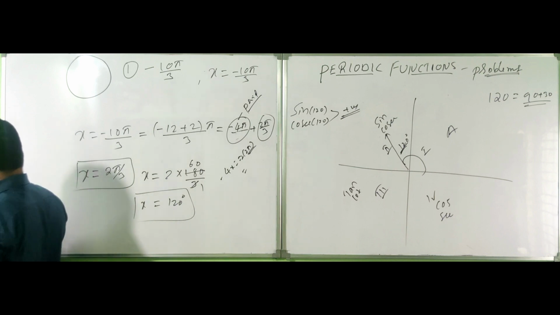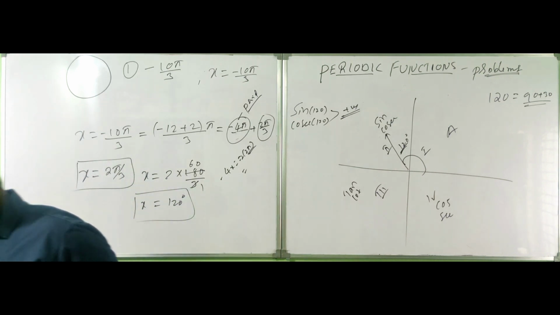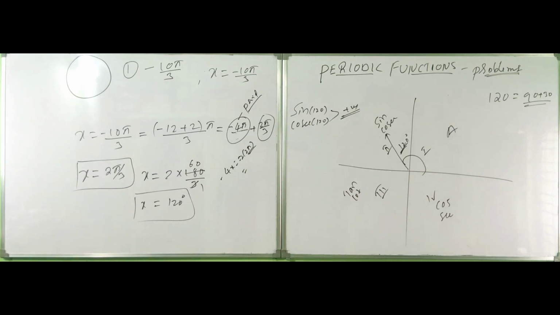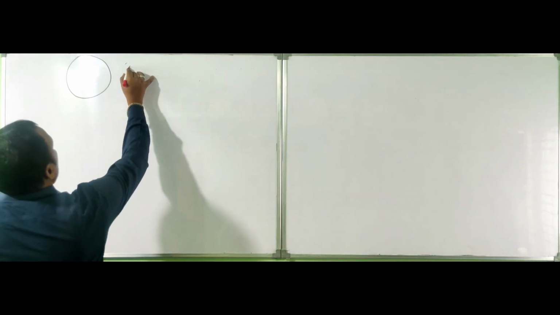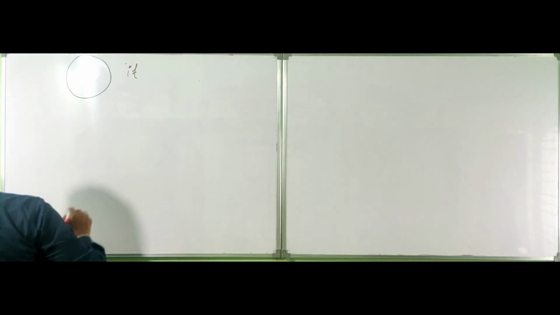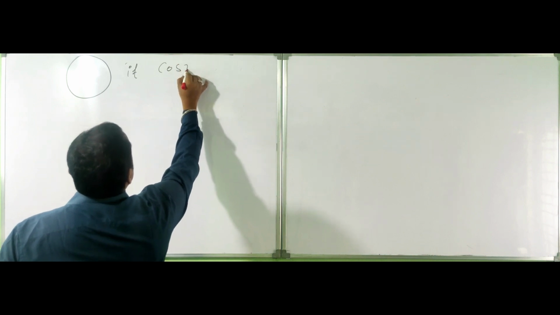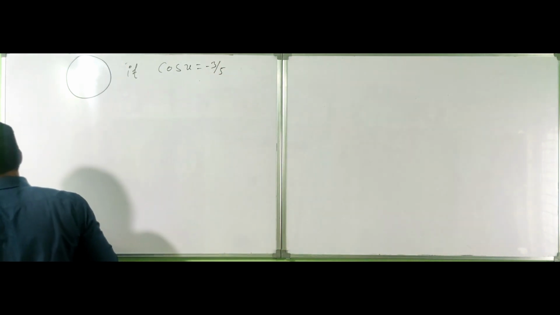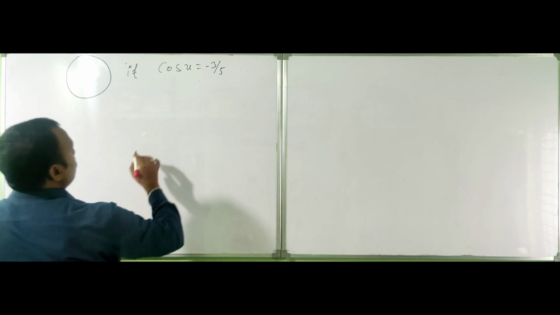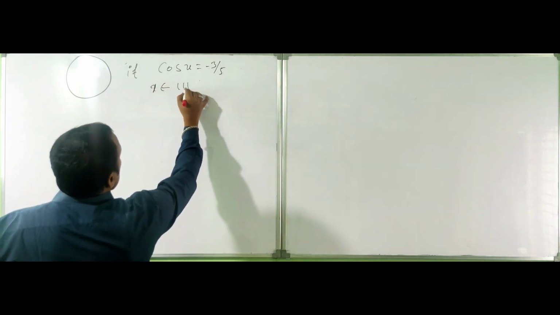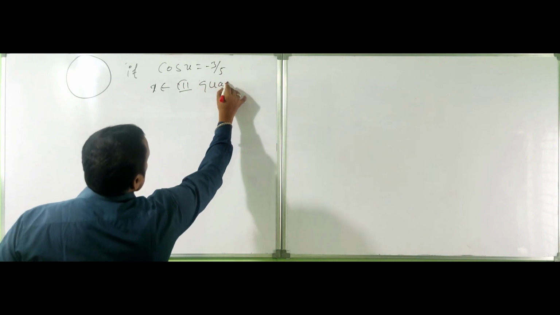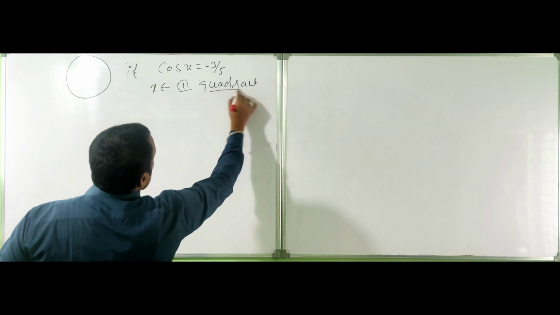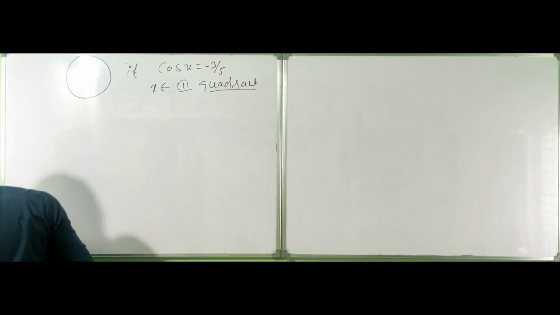Next question: if cos x is equal to minus 3 over 5 and x lies in the third quadrant, then find the values of the other 5 trigonometric functions of x.